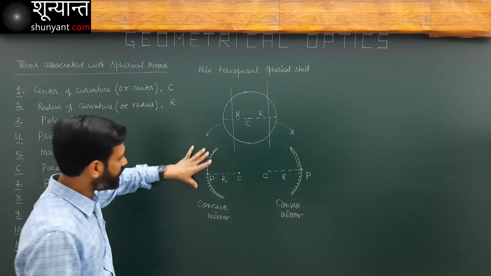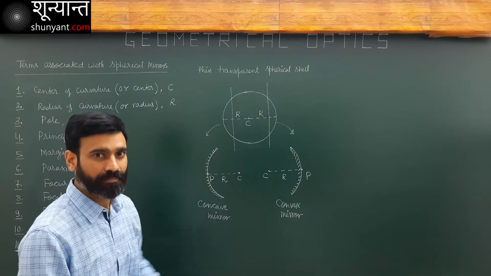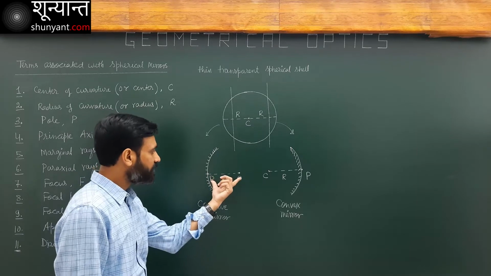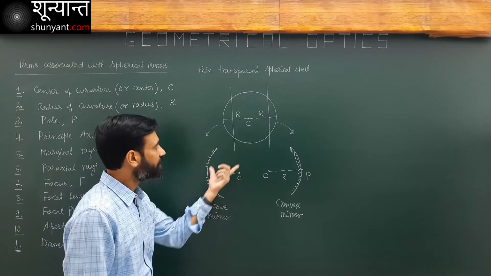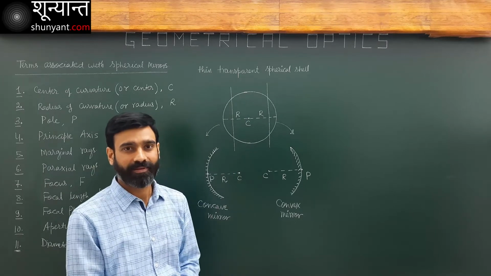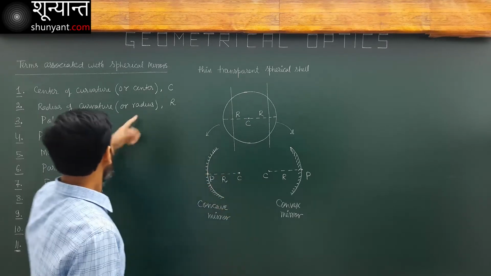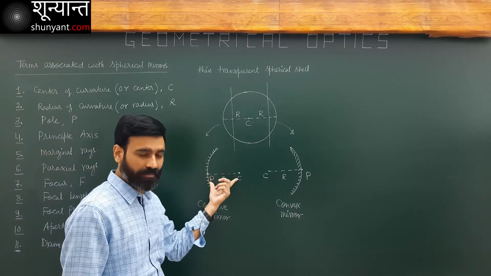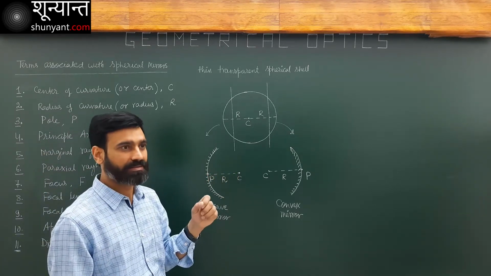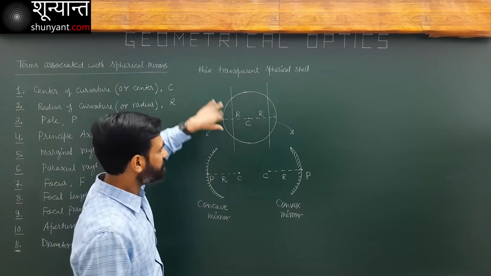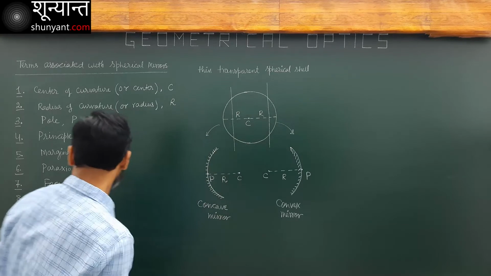So this is a spherical surface, and it is going to have some center. That is known as center. It is going to have some radius. It will be the same as the radius of the sphere from which it was cut. So the radius of curvature or radius of this spherical mirror will be the same as the radius of the original sphere from which this was cut out.